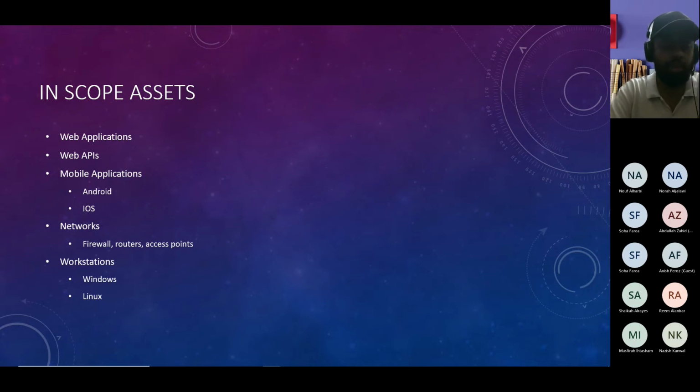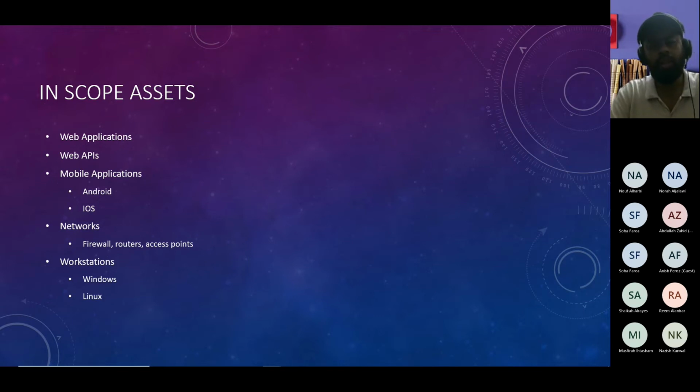And workstations, very simple. In an organization, there are workstations, maybe Windows, maybe Linux, and there are servers as well, which could be Windows or Linux. So if you are wondering which types of assets VAPT is applicable to, it is almost every asset in an IT infrastructure. Every component used to run an online business lies under the umbrella of VAPT.